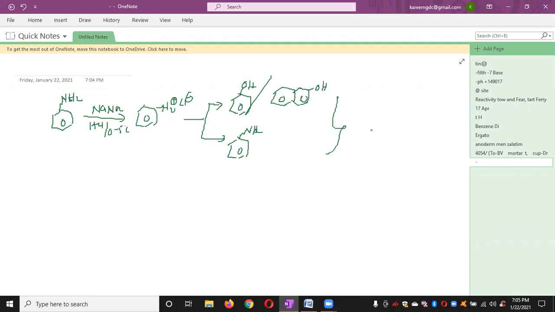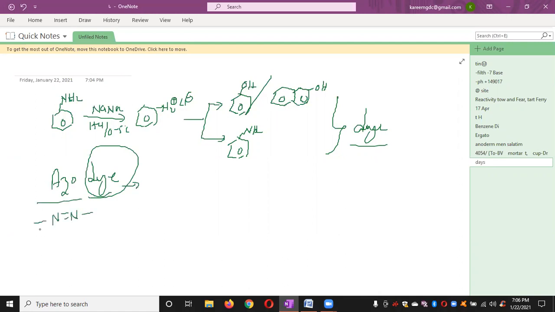We may get a red color dye. That's why these coupling reactions are also known as azo dye reactions. Dye means a color-imparting substance, and azo means the product formed contains the azo group, N double bond N.